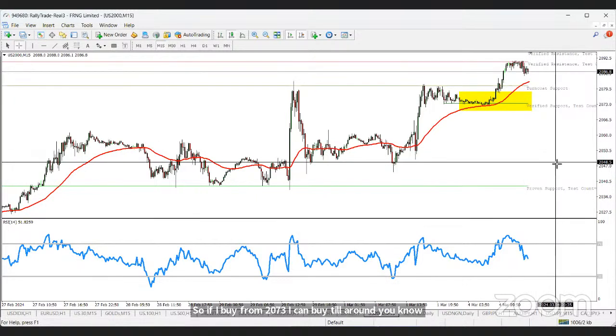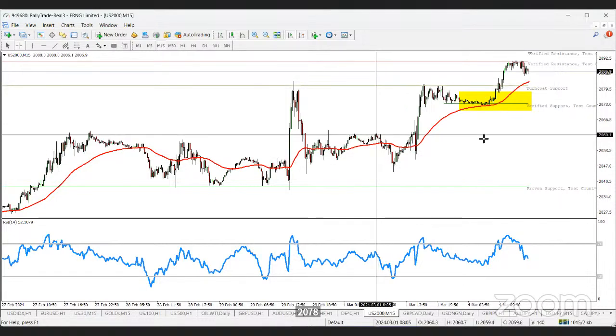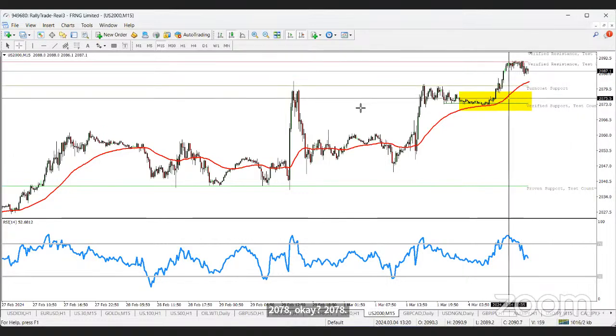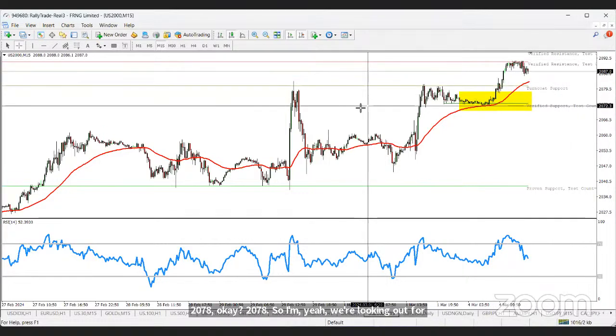I can buy from 2073 to around 2078. So I will be looking out for a buy from this after it has done some level of retracement.